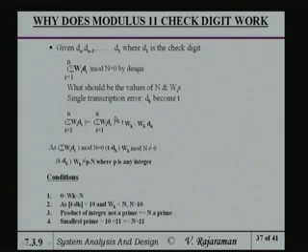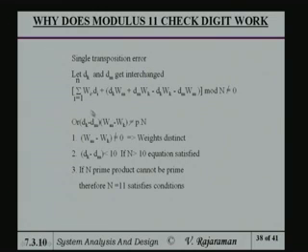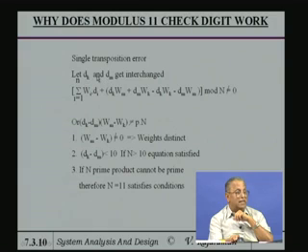Now the weights, for single transposition error. Single transposition error means dk and dm get interchanged. So now if I rewrite this formula again, wi di, and dk wm, there is the mth digit which became the kth, and the kth and mth got interchanged, and so I can write this out, and I get dk minus dm times wm minus wk should not be equal to p times n when p is an integer.